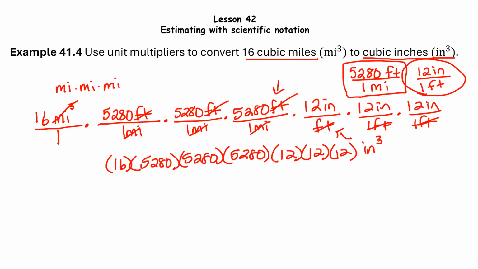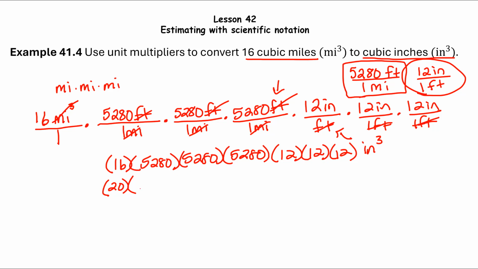All right, so we want to estimate the value of this product. So what we're going to do is we're just going to go ahead and estimate every single one of those numbers so that it only has one non-zero digit. So 16 is between 10 and 20. It's closer to 20, so I'm going to estimate it to be 20. 5,280 is between 5,000 and 6,000.